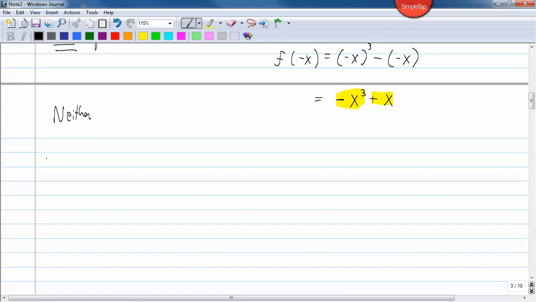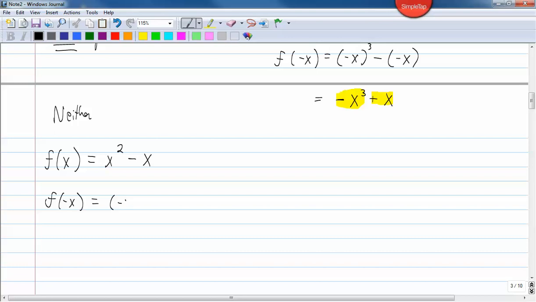So, for example, let's say that I had f of x equals x squared minus x. To tell if this is even, odd, or neither, I need to find f of negative x.